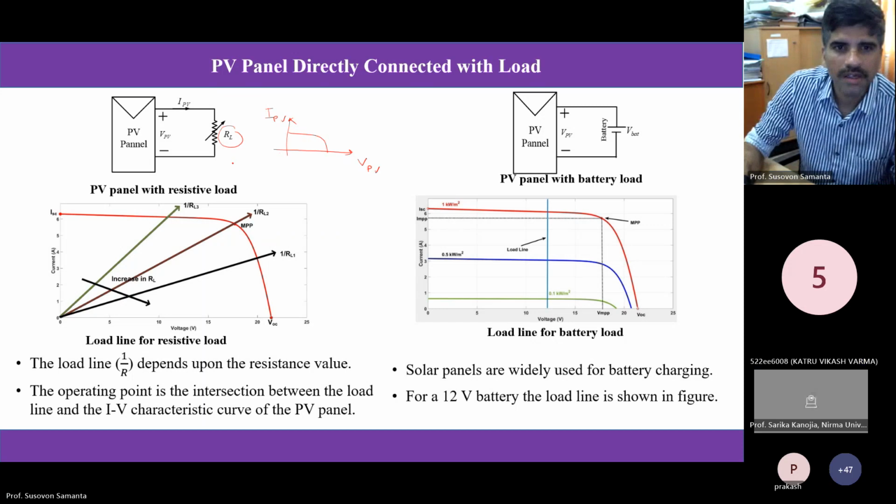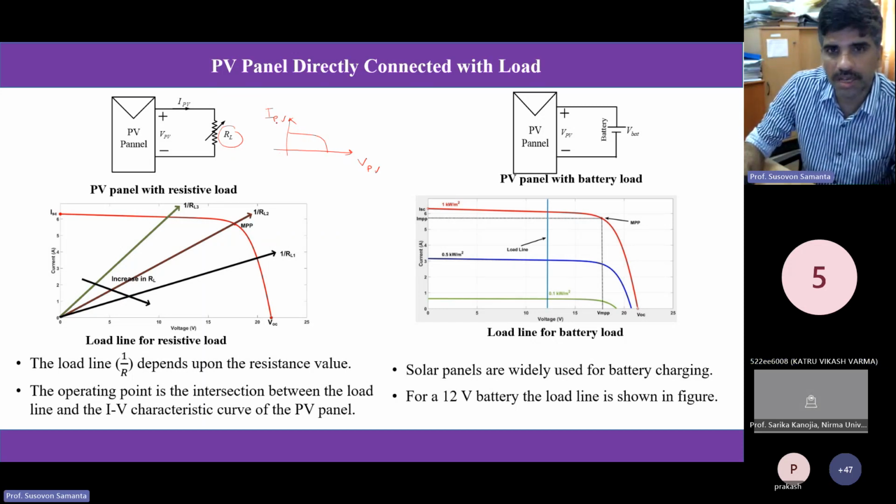Now, depending on the load resistance, remember this is IPV. Whatever the load resistance, what will be the operating point? This is the panel characteristics. Similarly, we have a load resistance characteristic. If I draw the load resistance, it is not the resistance but the inverse of the resistance, like conductance, because we are plotting the IV curve, not the VI curve.